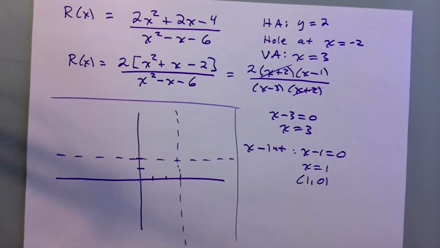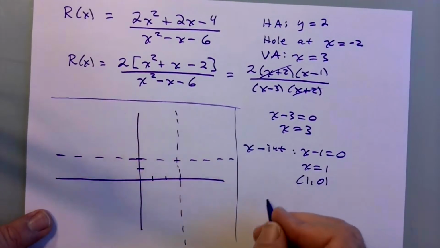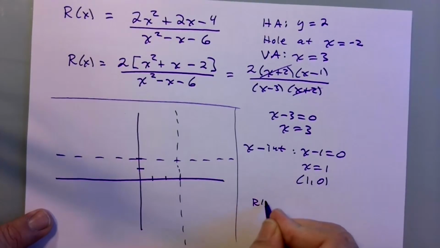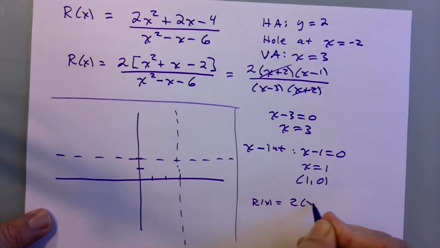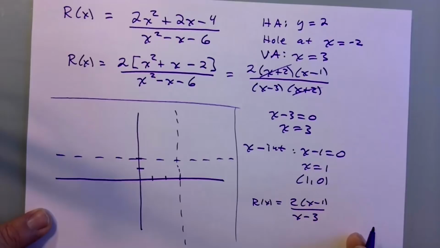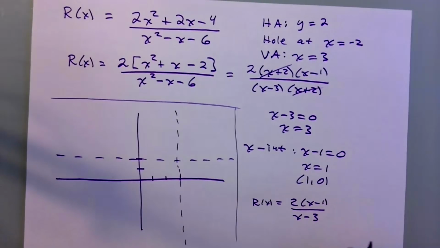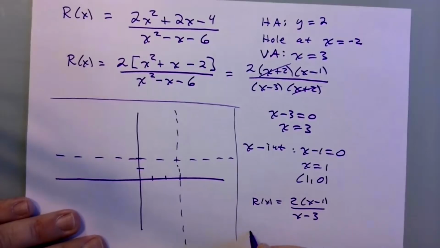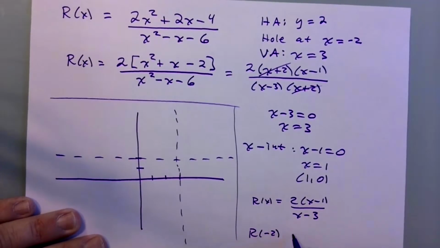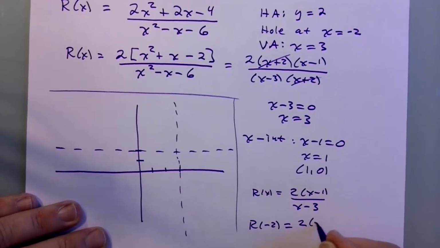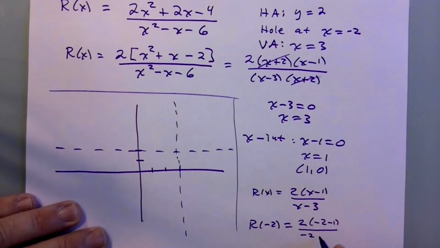Now we know we have a hole at x equals negative 2, but for the sake of discussion, right now we're saying that r of x is essentially 2 times x minus 1 over x minus 3. If negative 2 were in there, what would the y value be? 2 times negative 2 minus 1 over negative 2 minus 3.